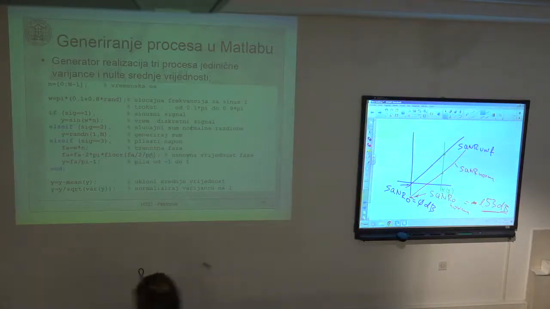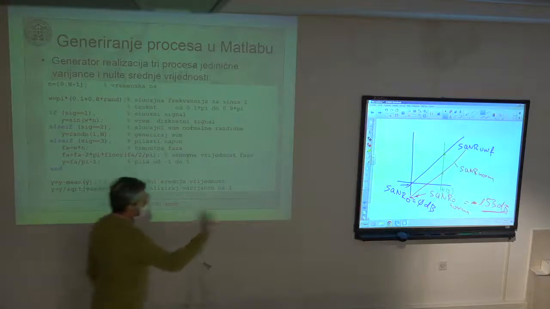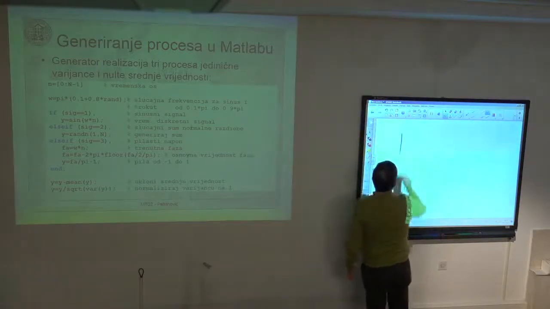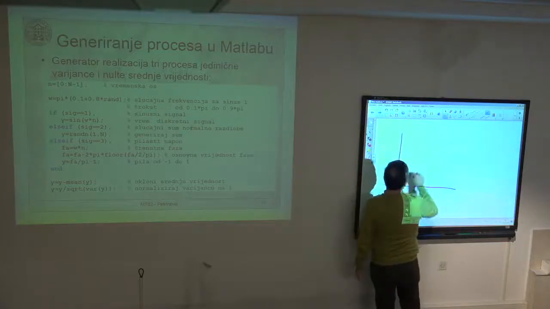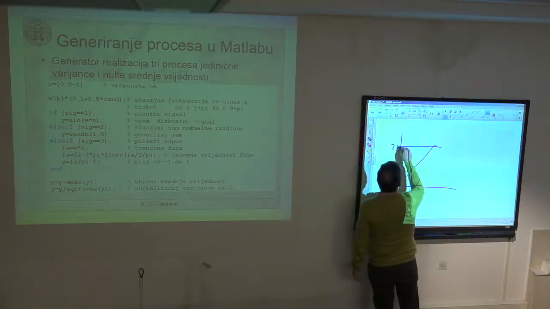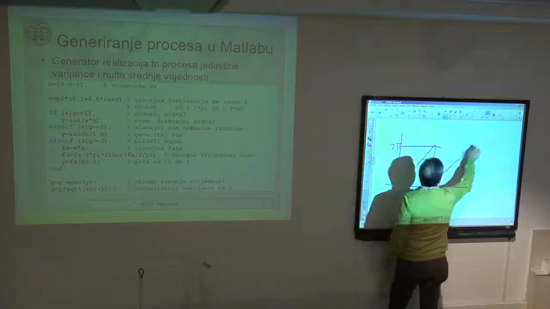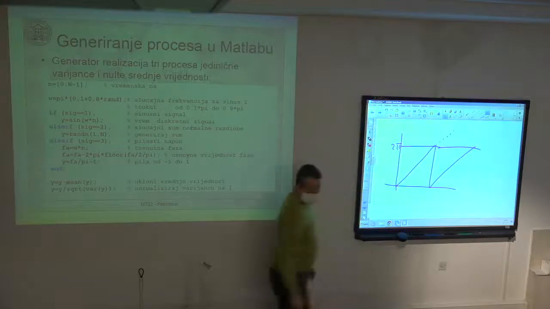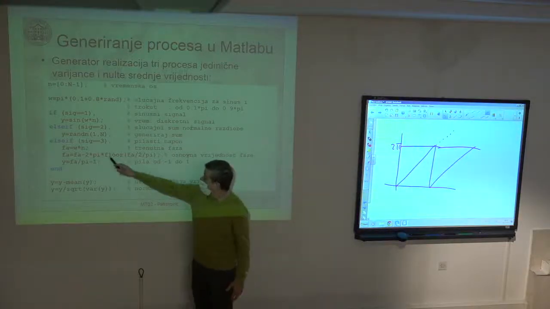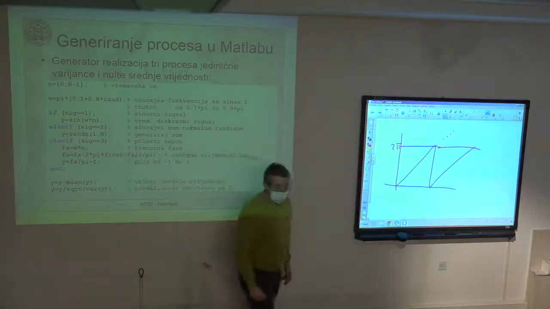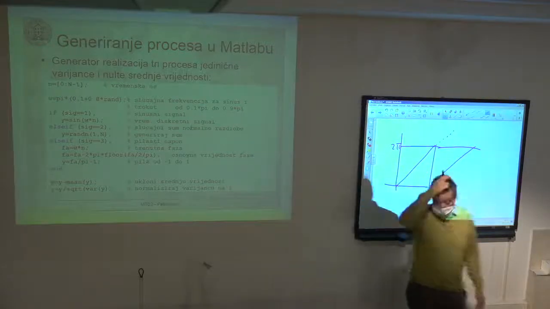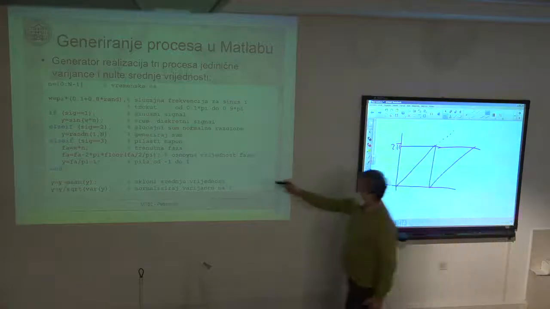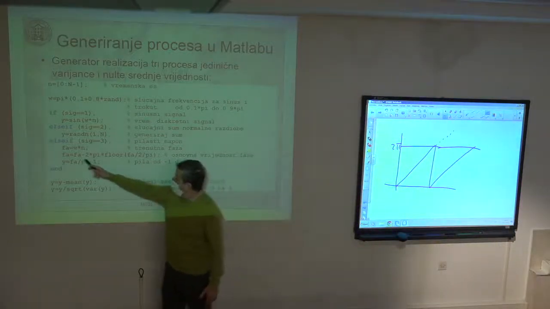As soon as this accumulated phase value exceeds the value of 2 pi, I wrap it around and I go back to 0. This is nothing else but removing the integer number of full circles, or the integer number of periods. And I have this fractional part.